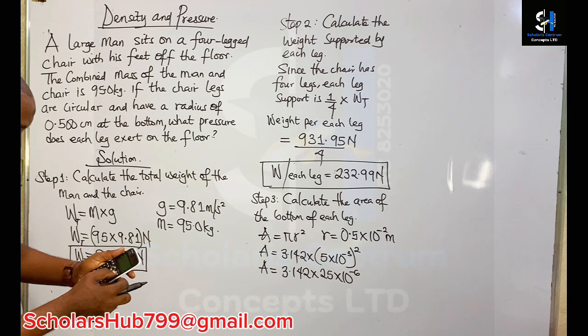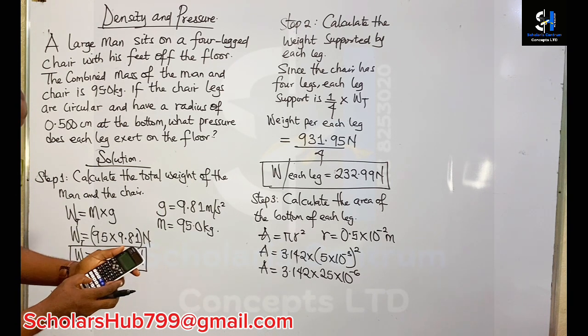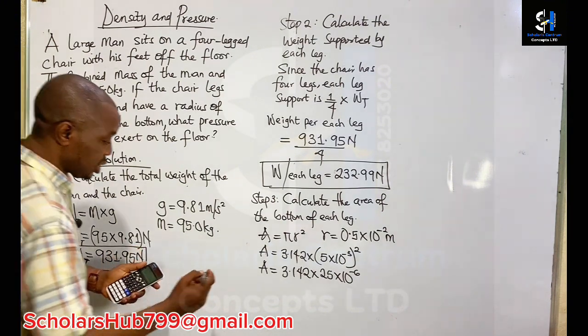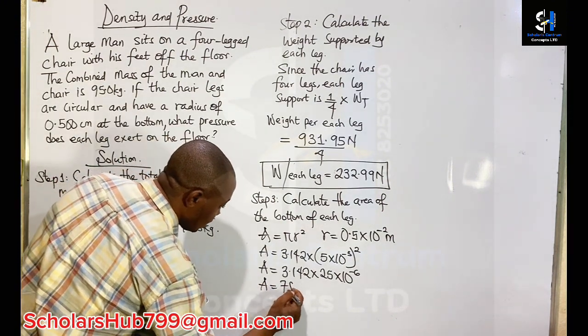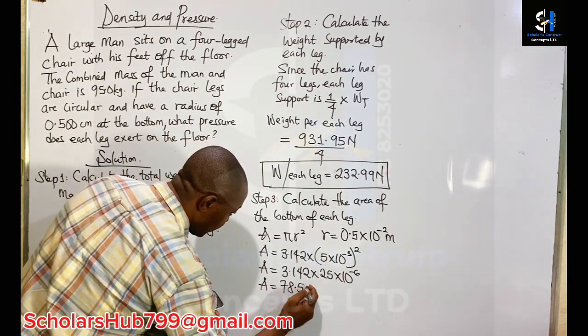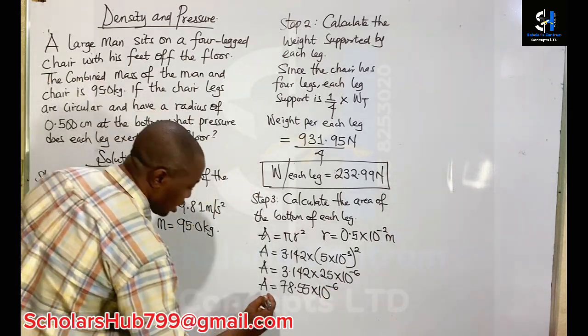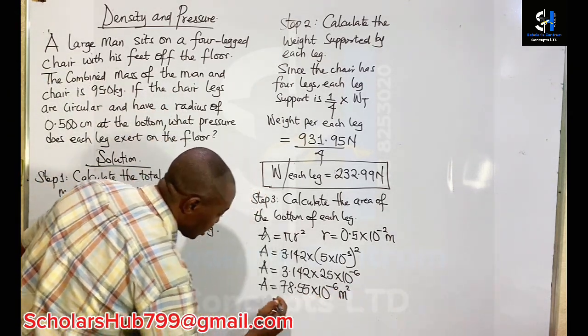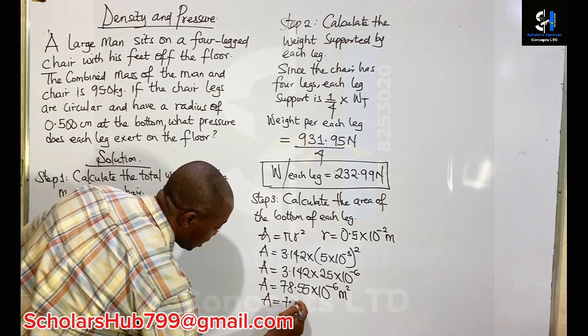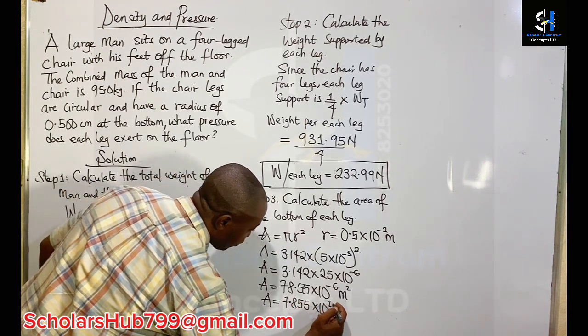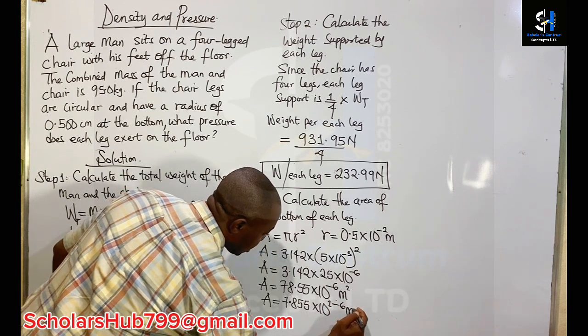So what is 25 multiplied by 3.142? That would be 78.55 times 10 raised to the power of minus 6, in square meters.